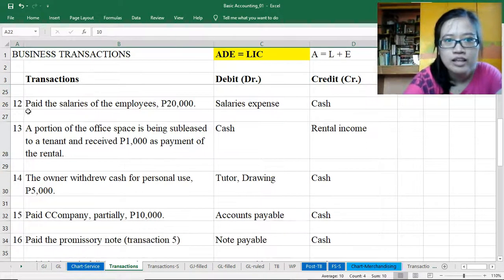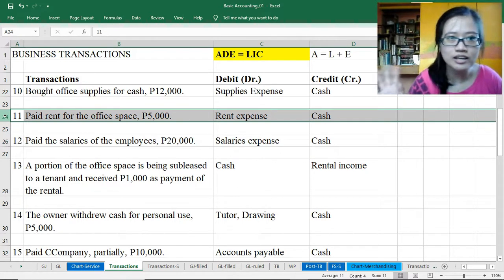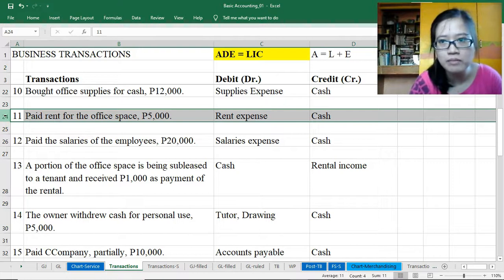Okay? Next transaction, paid rent for the office space, 5,000. So, nire-rentahan lang nila yung lugar na pinagtatrabahuhan nila or kung saan sila nag-ooperate. Nagbayad ng rent. So, nabawasan yung kanilang cash ng 5,000. Tapos, kagastusan to, rent expense. So, nagkaroon sila ng increase in expense. Okay? So, kagaya lang din halos nung kanina. Increase in expense.